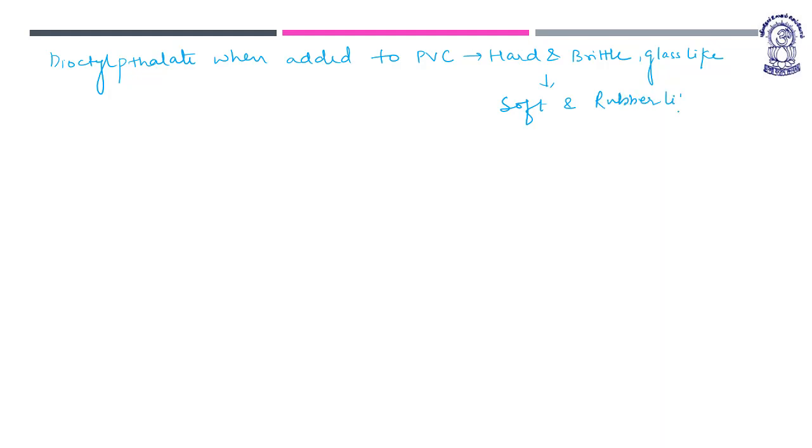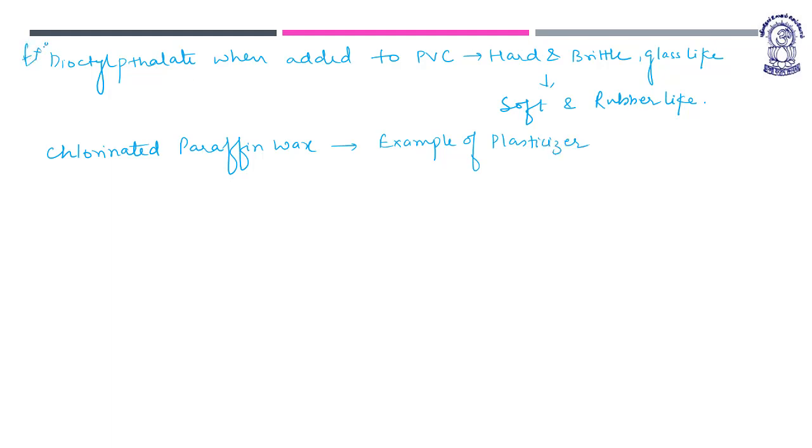So these are plasticizers. Other examples of plasticizers are chlorinated paraffin wax. This is also an example of plasticizer.